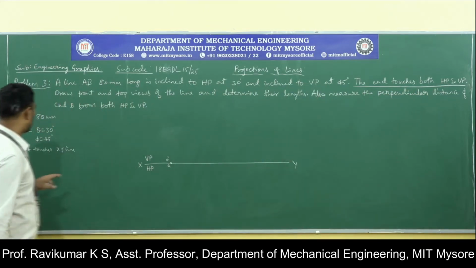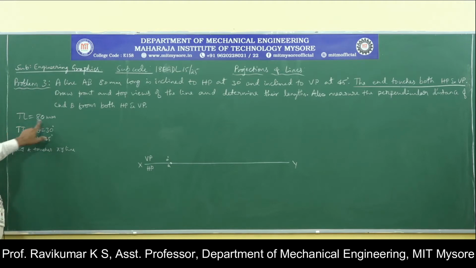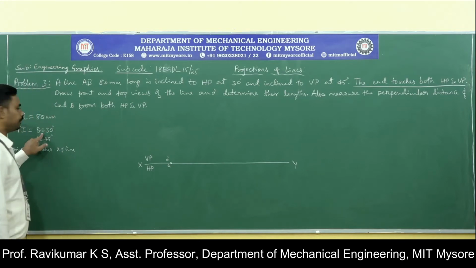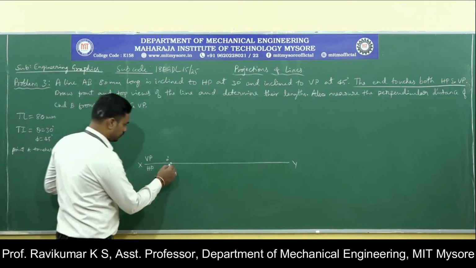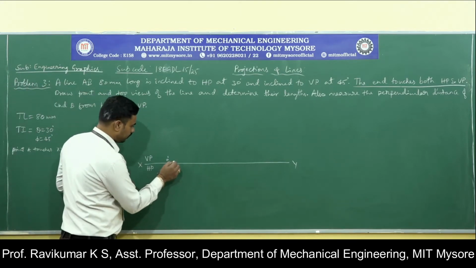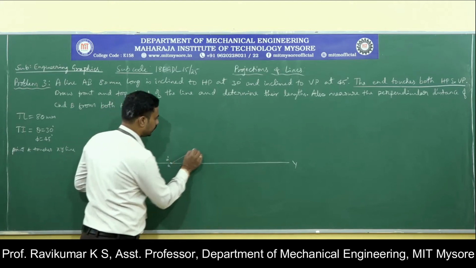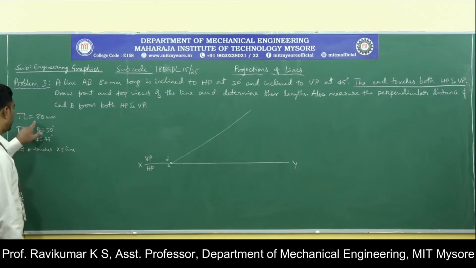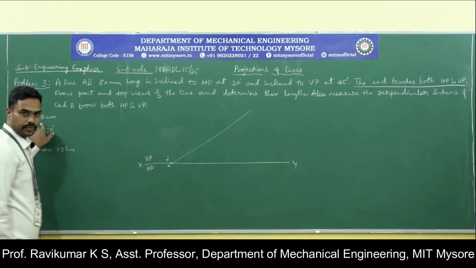Fine. Now from this point, draw a line 80 mm long, at 30 degrees to HP as well as 45 degrees to VP. So for 30 degrees to HP, theta, take a protractor, keep it here, draw a line which is 30 degrees to HP and cut the distance 80 mm.